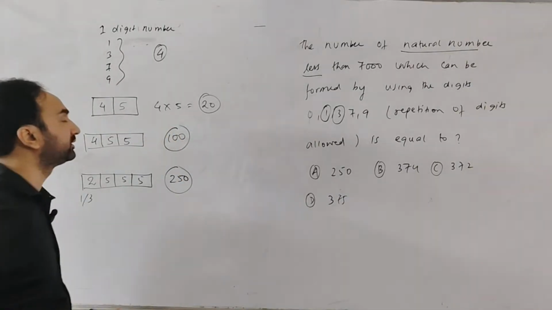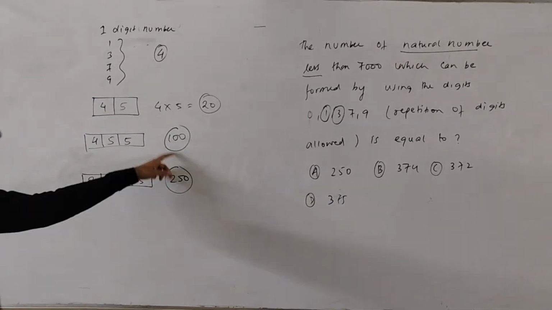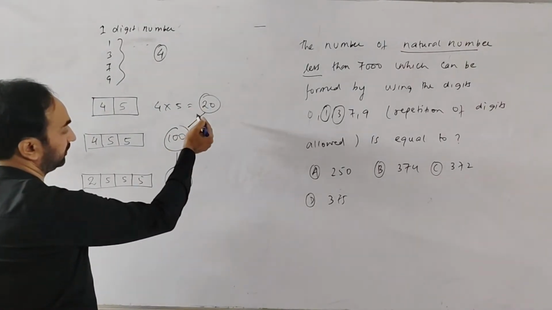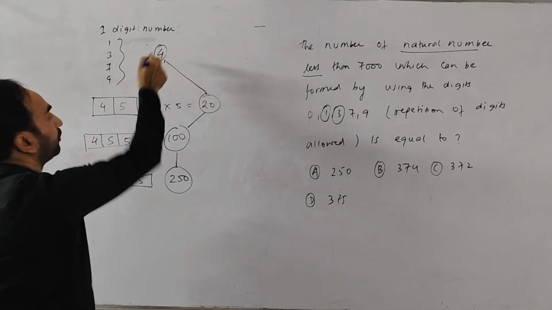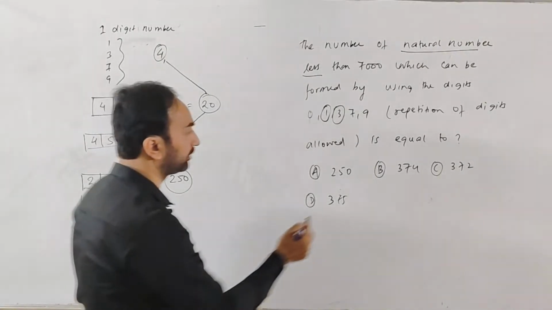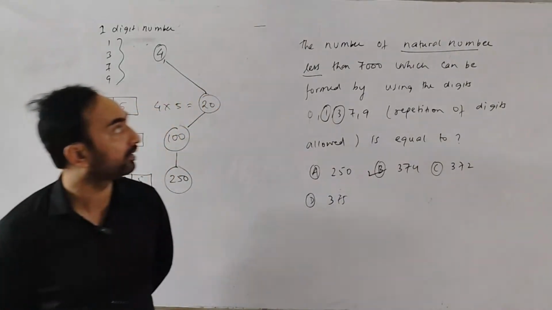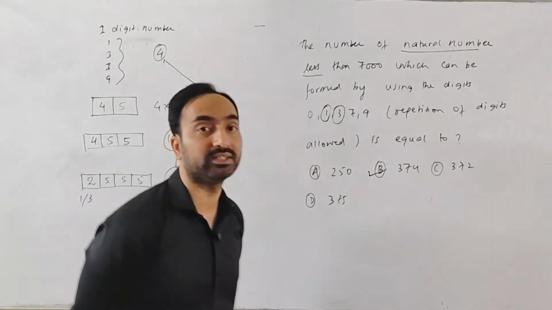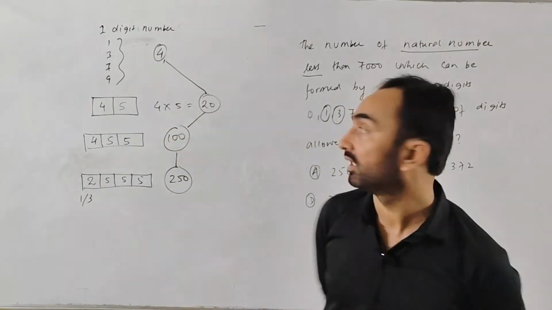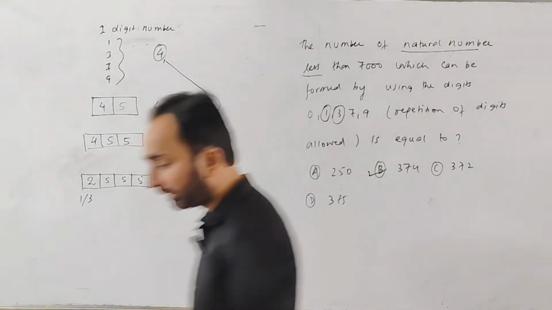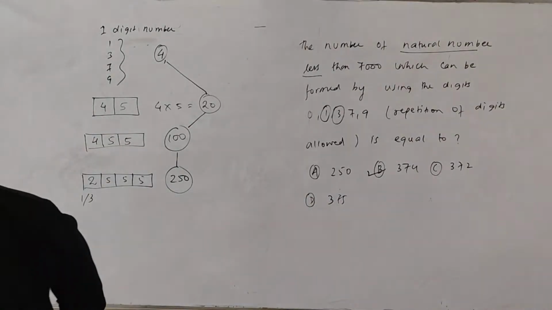Now add the counts: 250 plus 100 is 350, plus 20 is 370, plus 4. So the total answer is 374. There are 374 numbers which we can form with the digits 0, 1, 3, 7, and 9 that are less than 7,000. Note it down, and then we'll move to question number 2.